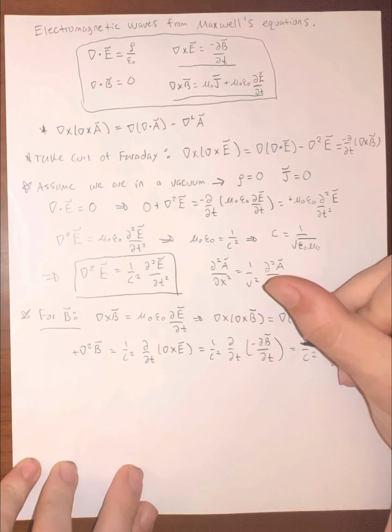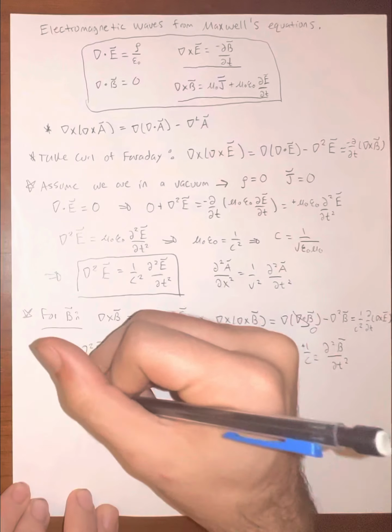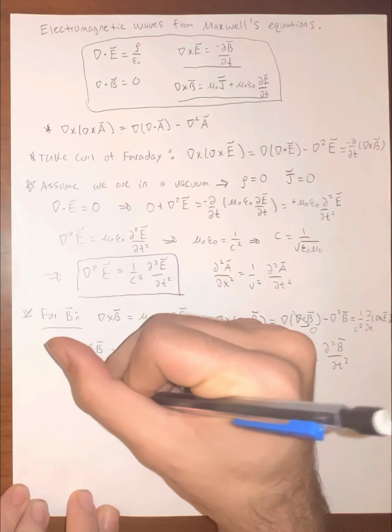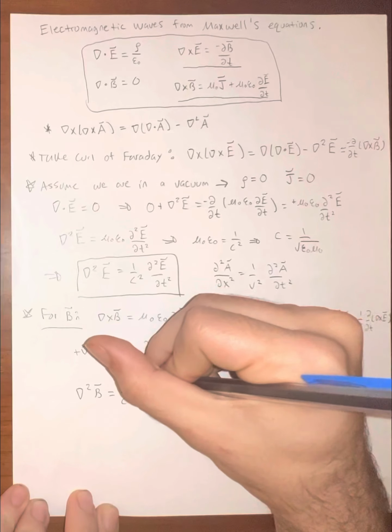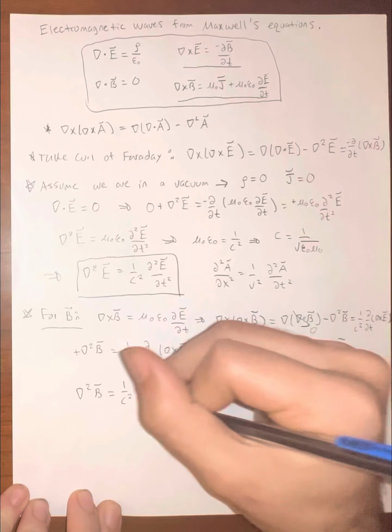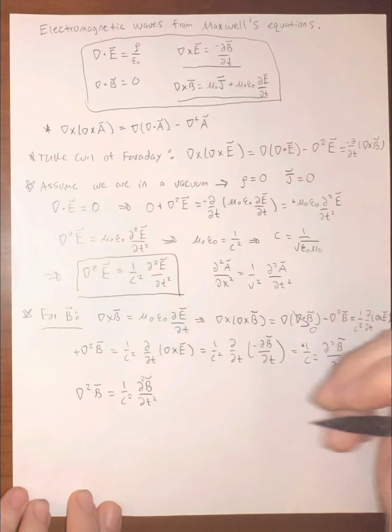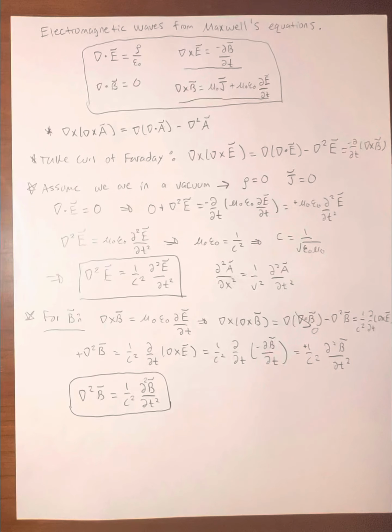And once again, the negatives become positive. And similarly for the magnetic field, we see that the Laplacian of the magnetic field is just 1 over c squared times the second time derivative of the magnetic field. So in a vacuum, electric and magnetic fields have wave-like solutions that propagate at the speed of light.